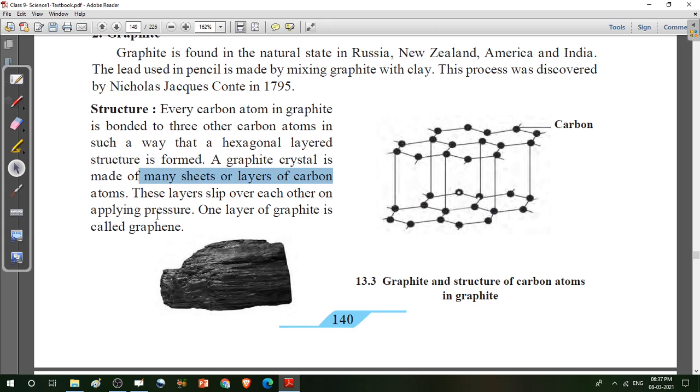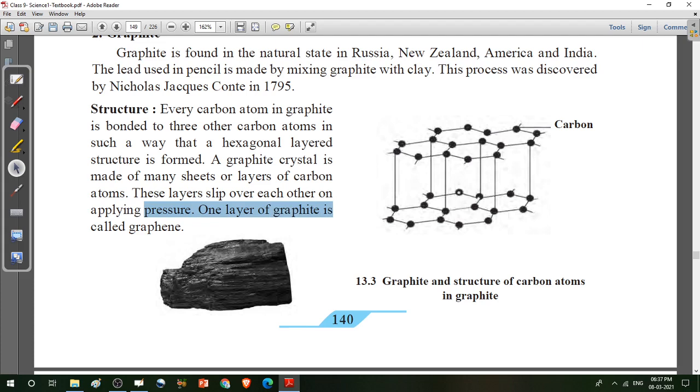That means the above layer applies pressure on the layer below. Clear? One layer of graphite is called graphene.